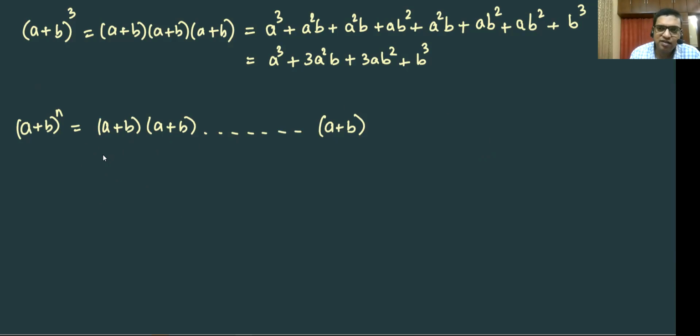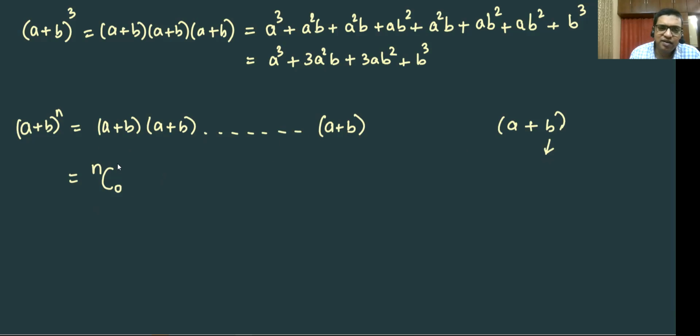So let us start. The first term is I will not select any b. That means nc0. If I have not selected any b, from each factor I can select either a or b. So I am making this count for b. I have not selected any b, that means from every factor I have selected a, right?